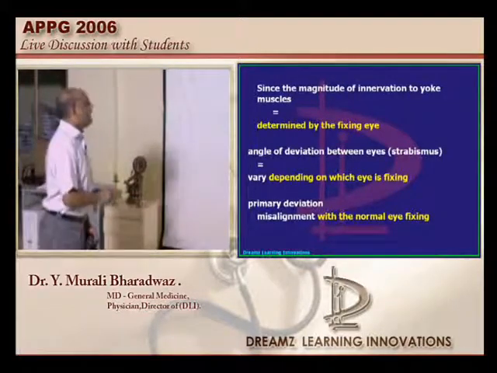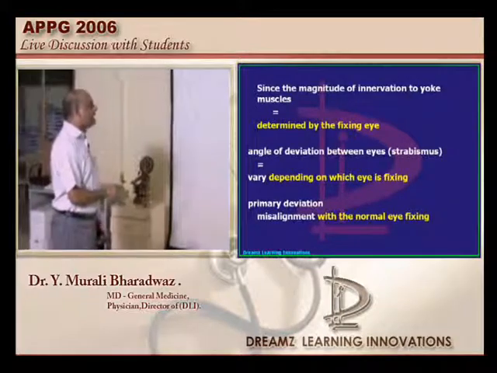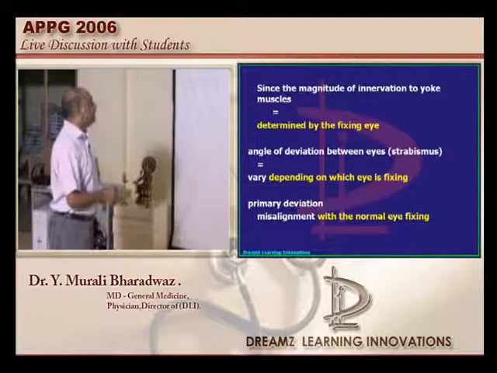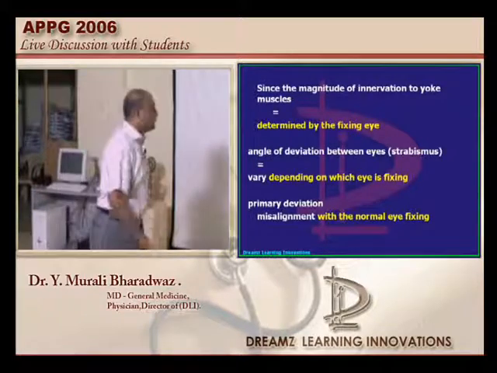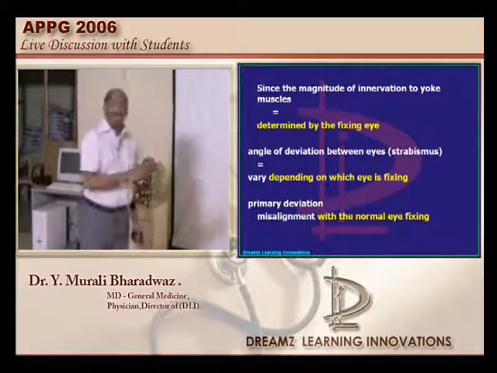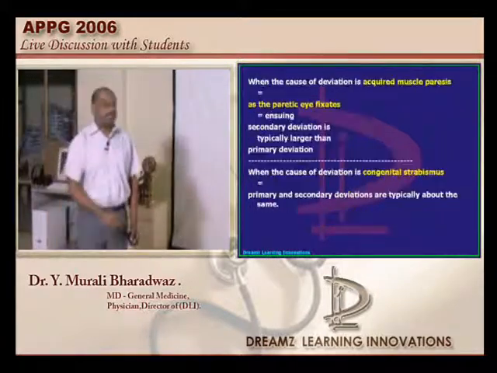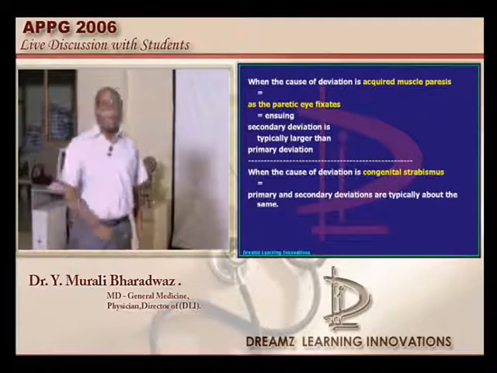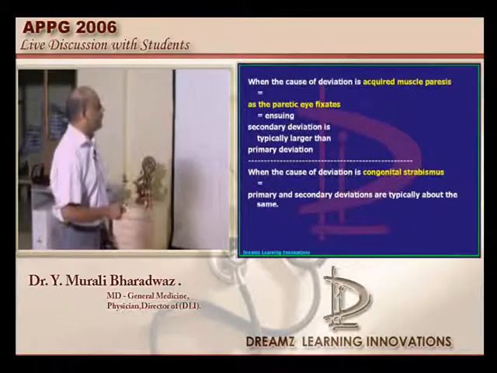So typically in the case of congenital strabismus, primary and secondary deviations are about the same value. Whereas in the case of acquired paralysis, the secondary deviation, that is the deviation created when the paretic eye is fixating a particular object, will typically be larger than the primary deviation, is what I want to underscore.